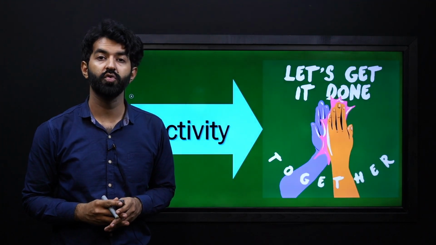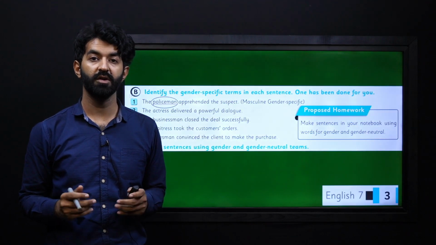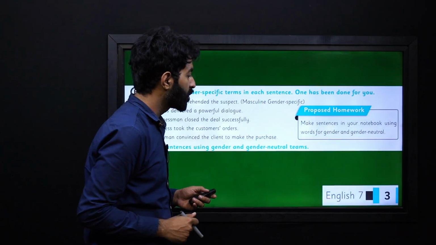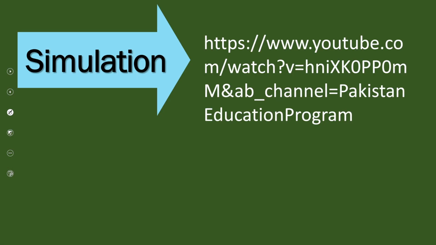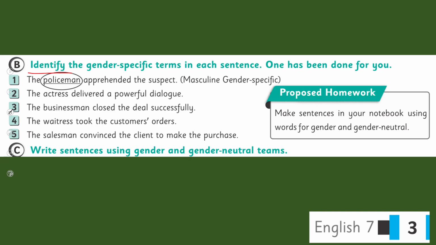Now it's time to do an interesting activity. Let's see what we have here. On your page number 3 we have a question. Identify the gender specific terms in each sentence. One has been done for you. For example, in the very first sentence, the policeman apprehended the suspect, we see that the word policeman has a masculine gender because the word man is used.